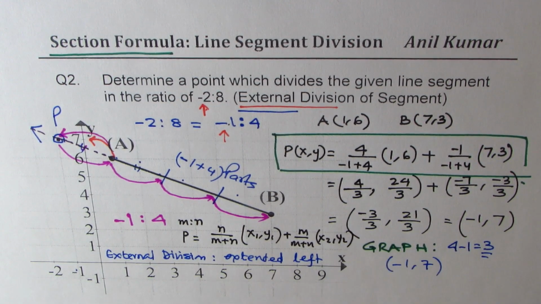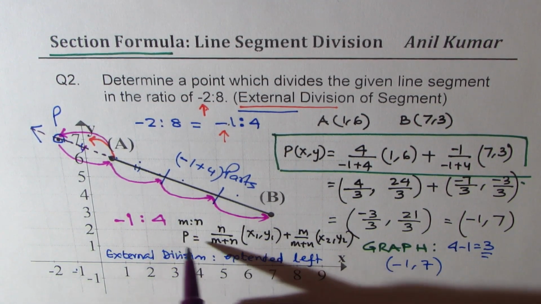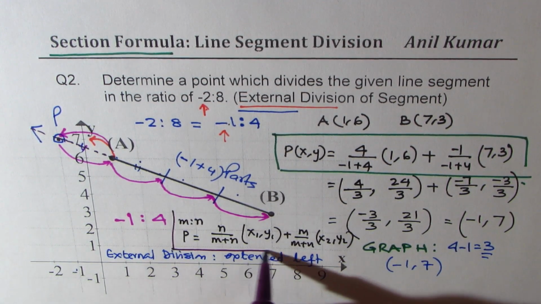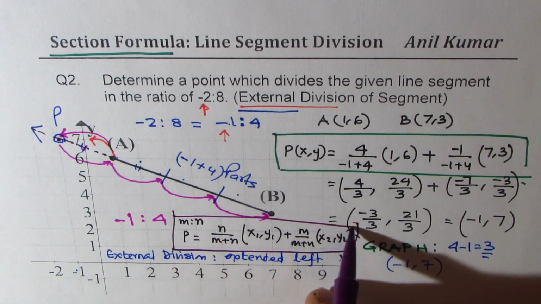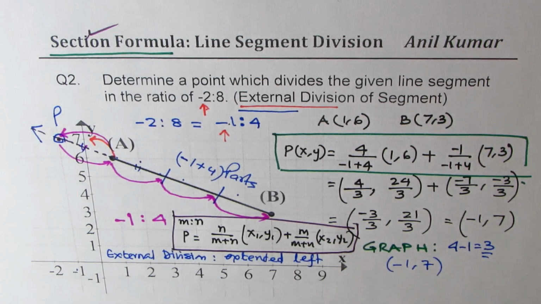Do you get it? So that becomes your formula, and this formula is called section formula. So you can remember this as a section formula and do any problem based on line segment division.